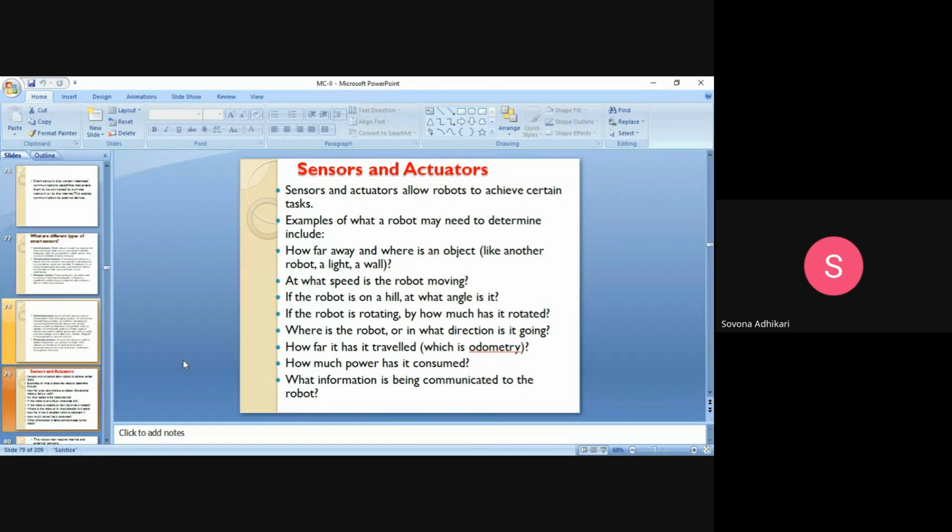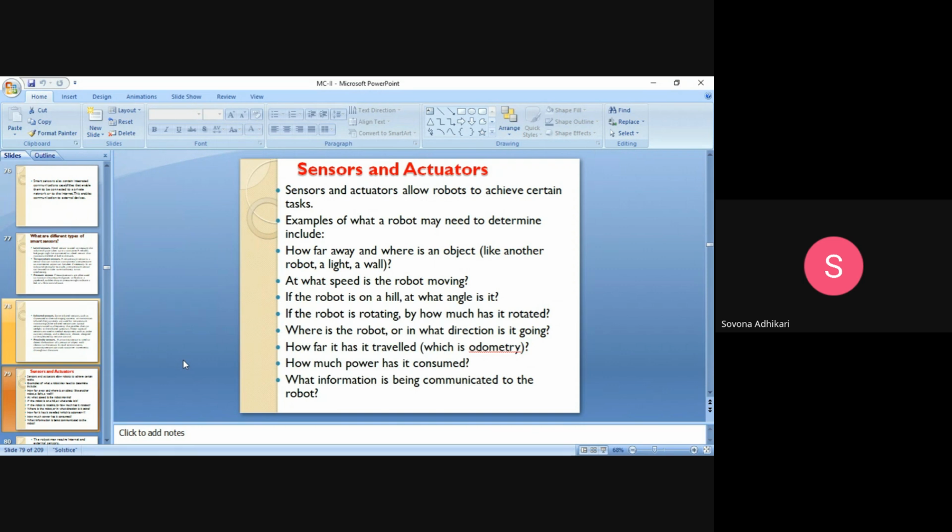For example, what the robot may need to determine includes how far away an object is, at what speed the robot is moving, if the robot is on a hill, what the angle is, if the robot is rotating, how much angle it has rotated, where the robot is and what direction it is going, how far it has traveled, how much power is consumed, and what information is being communicated to the robot.